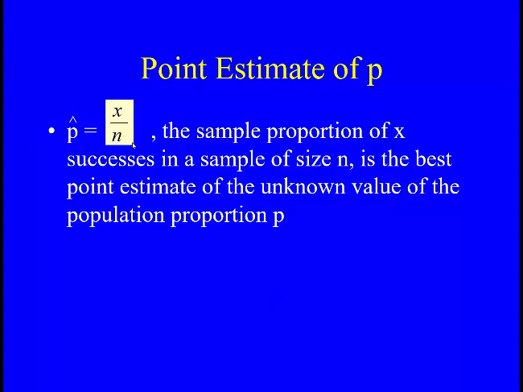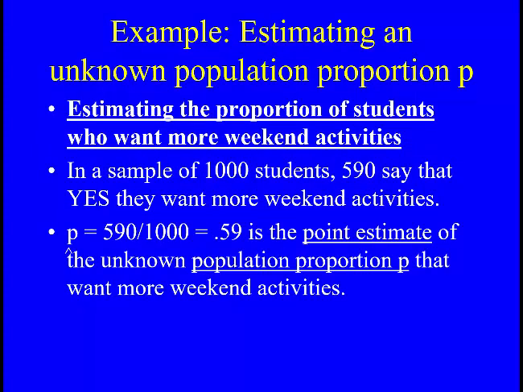This is the sample proportion of x successes in a sample size of n, and it is the best single value estimate for an unknown population proportion p. If you don't know what p is, you take the sample proportion, and that's a good way to estimate the real value.